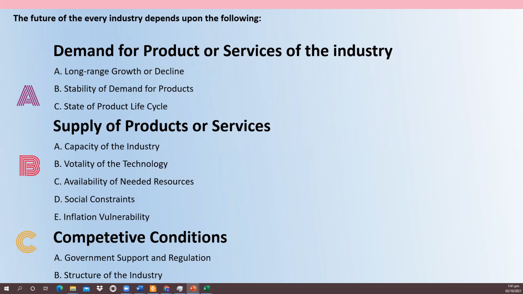Social constraint and inflation vulnerability. So yung product mo ba, maapektuhan kaya ng inflation? So next is the competitive conditions, government support and regulation, and then structure of the industry.